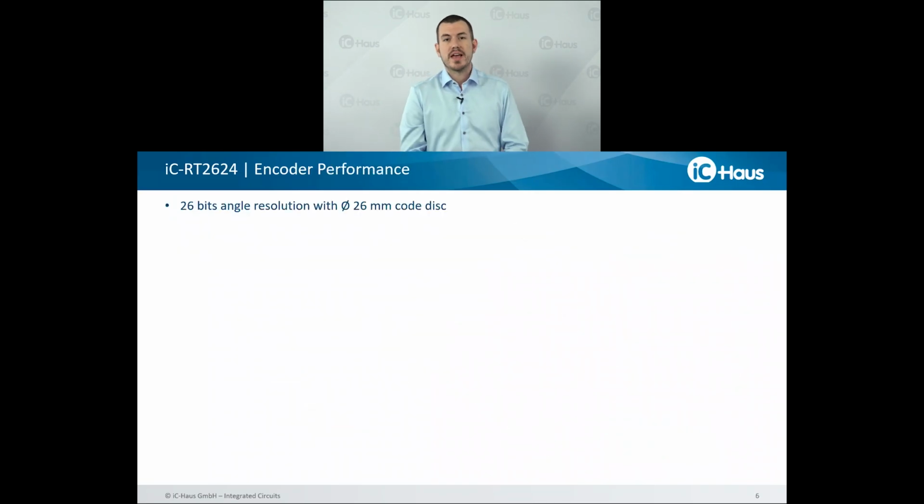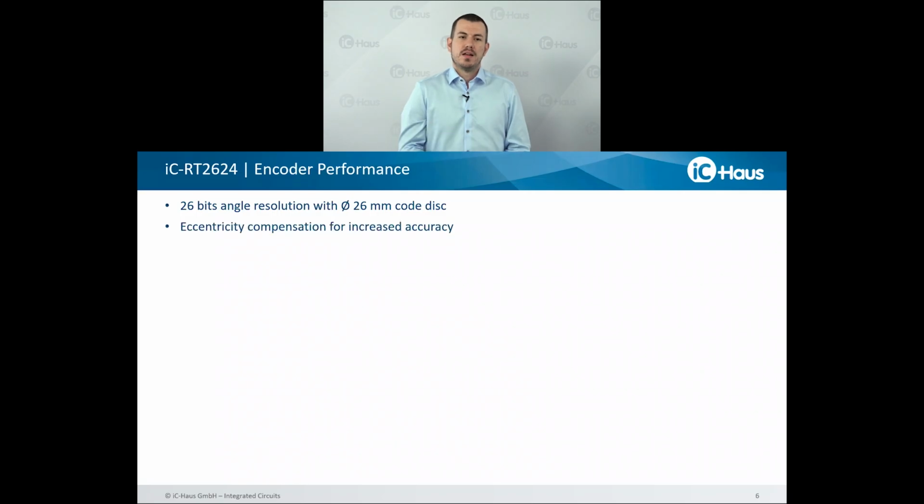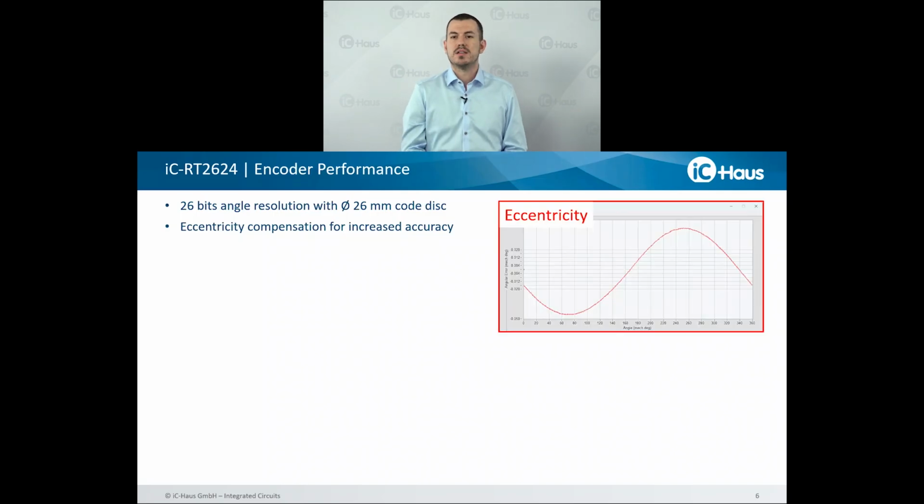Speaking of which, encoder performance, what can you expect from the device performance here? It delivers 26 bits of angle resolution with a 26mm outer diameter code disk. Resolution is one side of the medal, accuracy the other. To increase the accuracy, we have an on-chip eccentricity compensation that gets rid of what most of you might be familiar with.